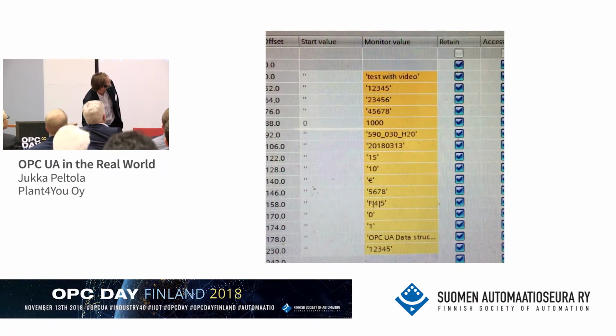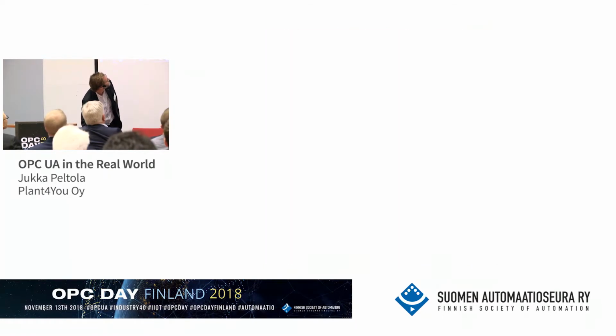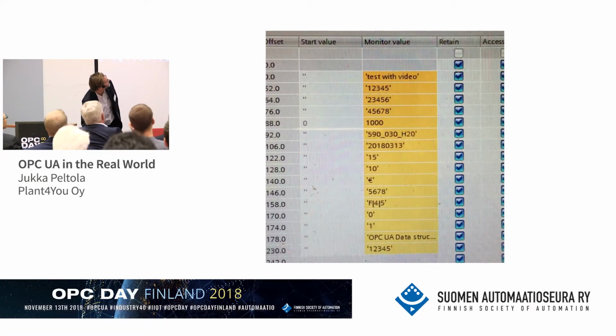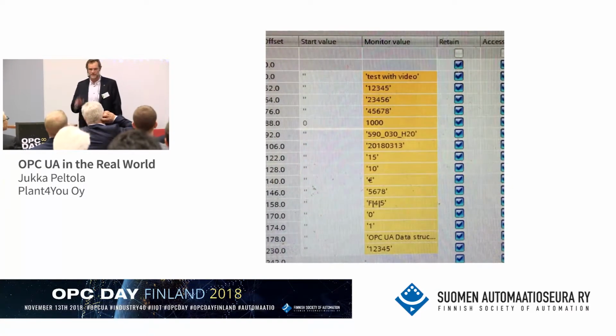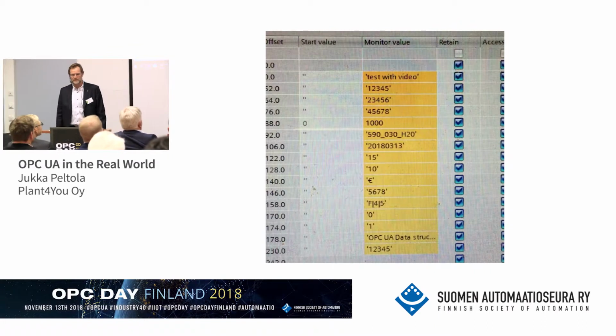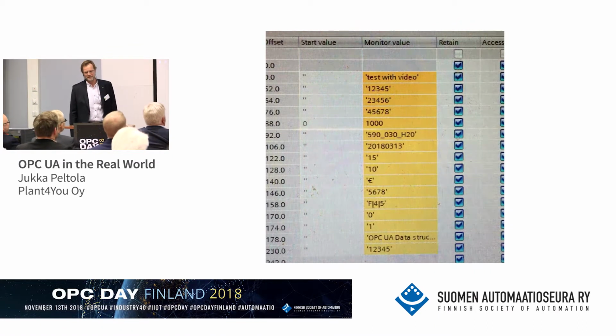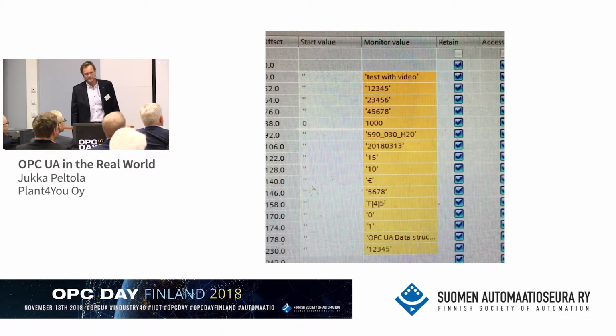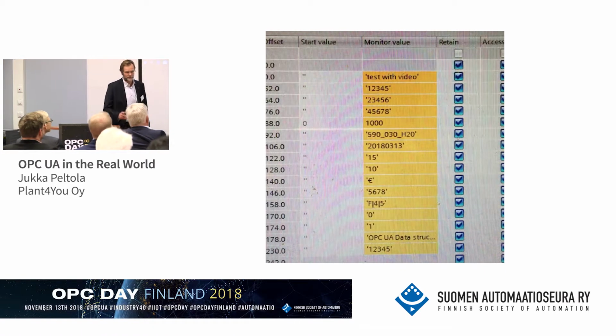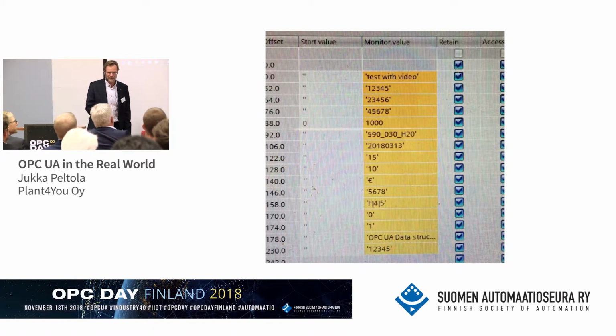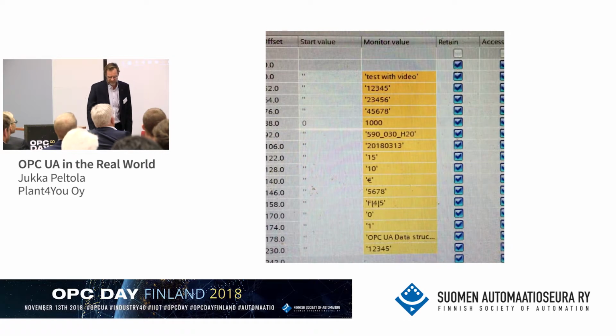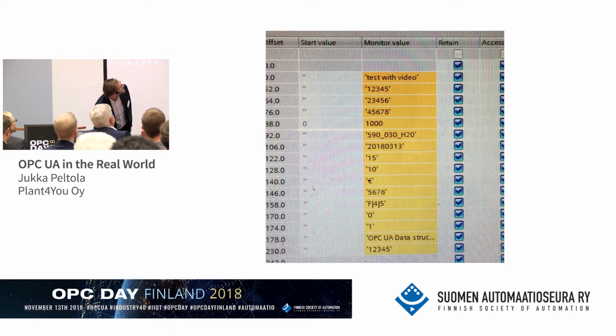So this client writing structured tags, it is coming in one shot. So there is no need for this kind of handshake protocol anymore. But it depends on the client. You have to know, is the client able to write this kind of structured tags.